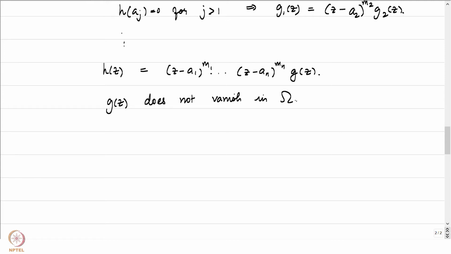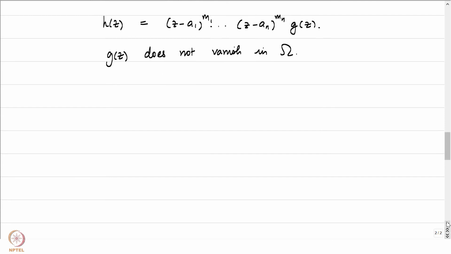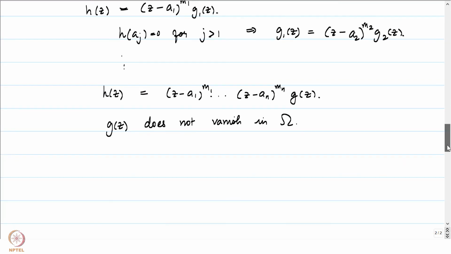And we have already ensured that the function g that we get will not vanish at these points. So g does not have any zero in the domain omega. And that's something which we are going to use crucially, because if you look at h prime of z by h of z in omega minus a1 to an, what is this function going to be?